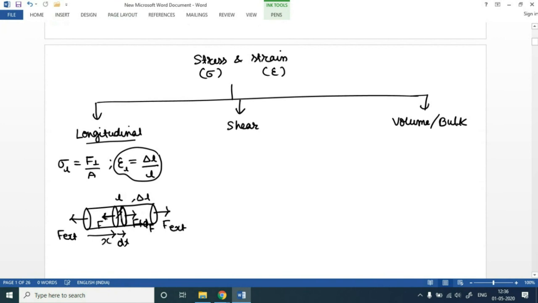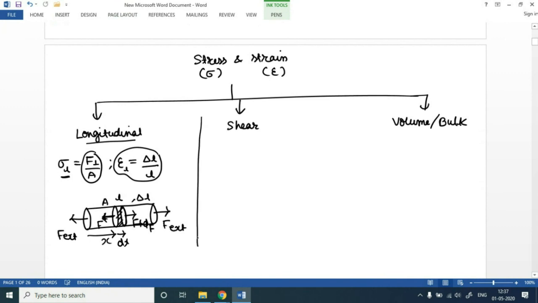So this element, you can see, is under elongative stress over here. So this is how we define longitudinal stress: perpendicular force upon area, where A is the area of cross section, and the force here is in the perpendicular direction. So this is how we define longitudinal stress and strain.